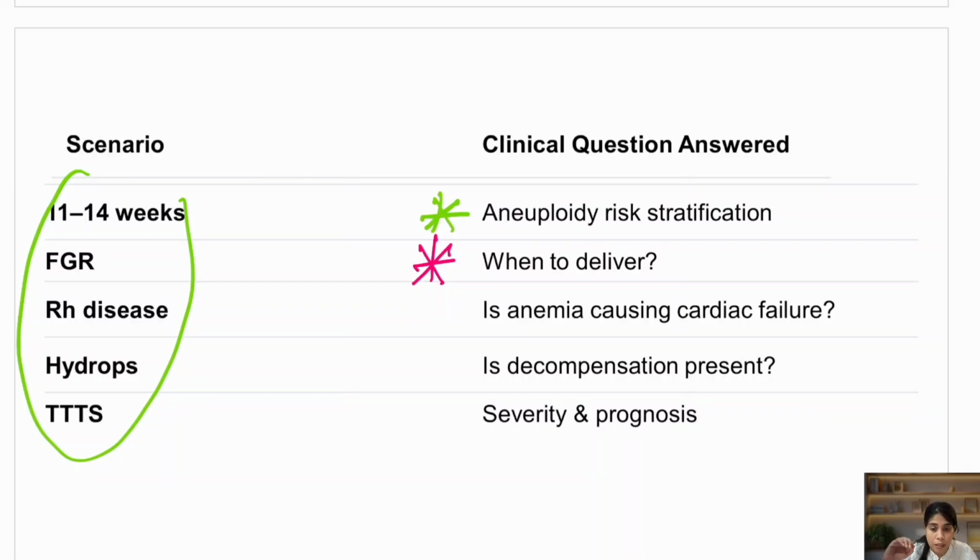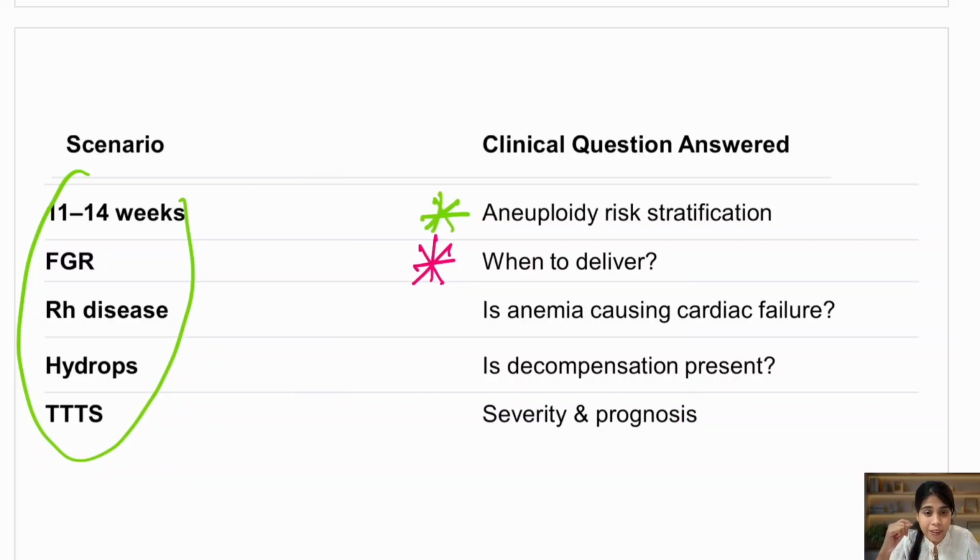If the ductus venosus is normal, you can still stretch the pregnancy, but if the ductus venosus becomes abnormal, like A wave reversal, nothing can be done and you have to deliver the patient immediately. So in IUGR patients, ductus venosus Doppler tells you when to deliver.